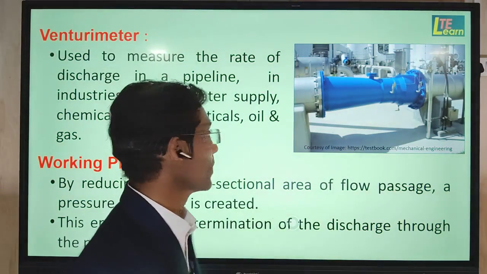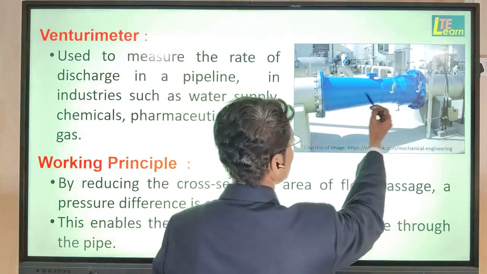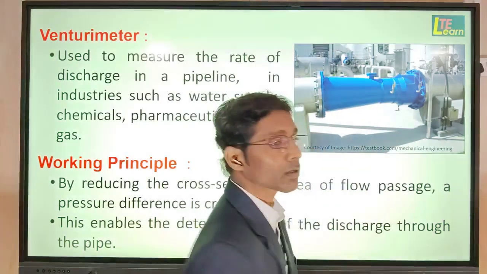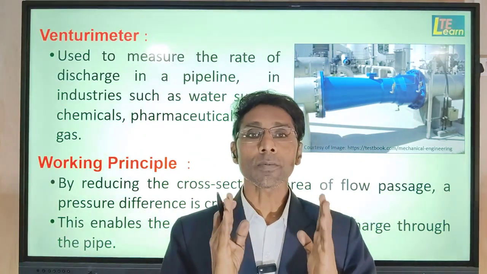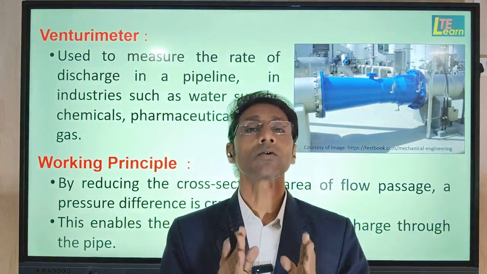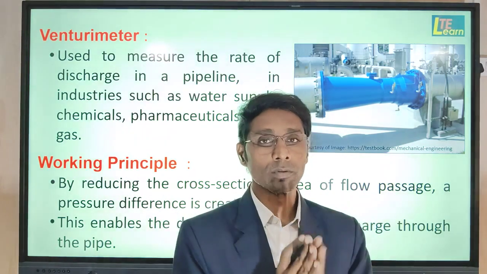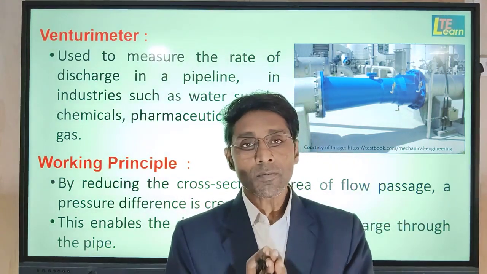About the working principle: here, this is the pipe diameter, and in this Venturimeter, the pipe diameter is reduced. As per the continuity equation, we know that the product of area into velocity remains constant in a flow for an ideal, incompressible fluid.